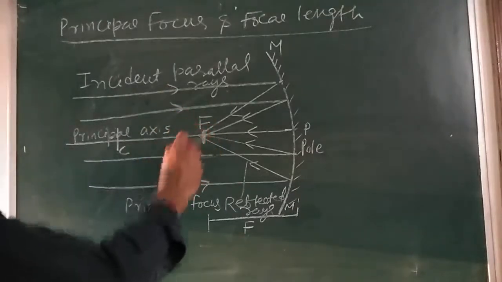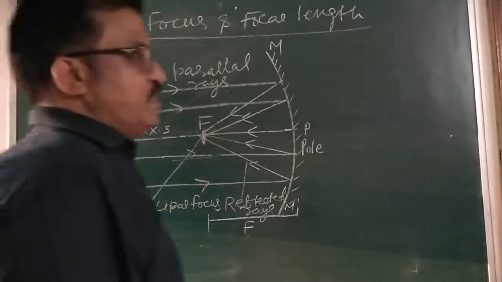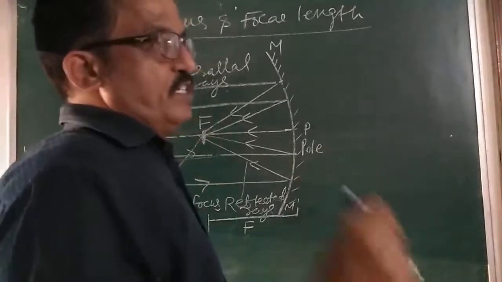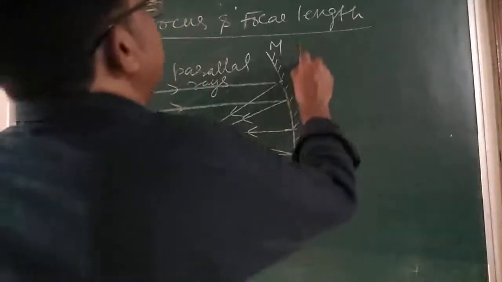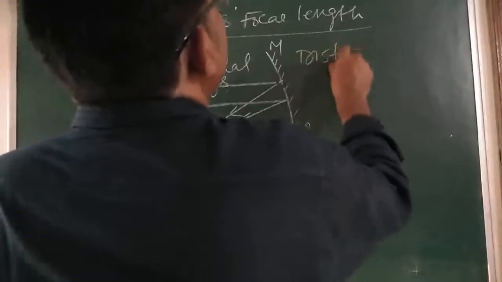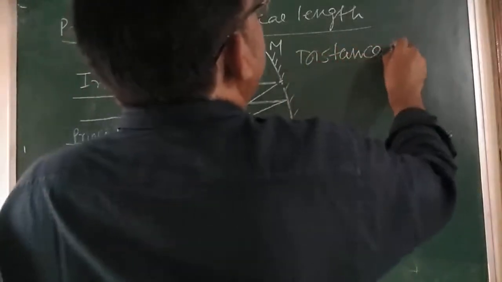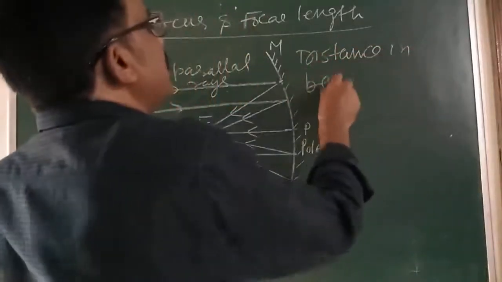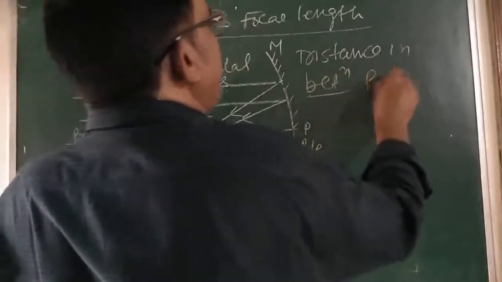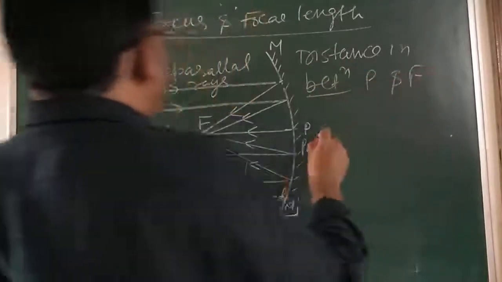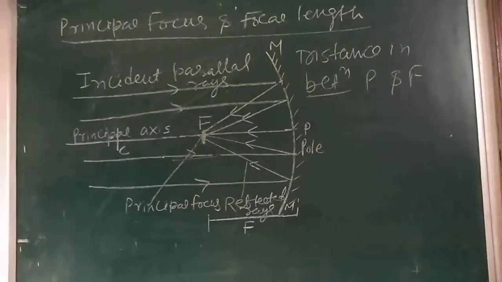This is a point, and this point is called principal focus, and the distance in between P and F, pole and focus.